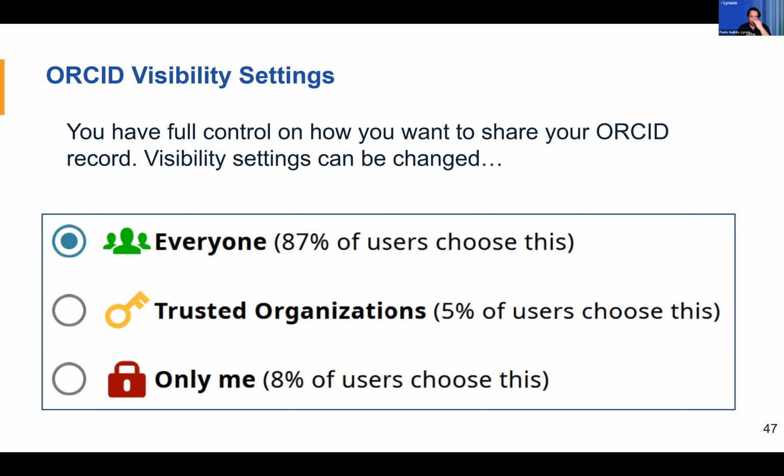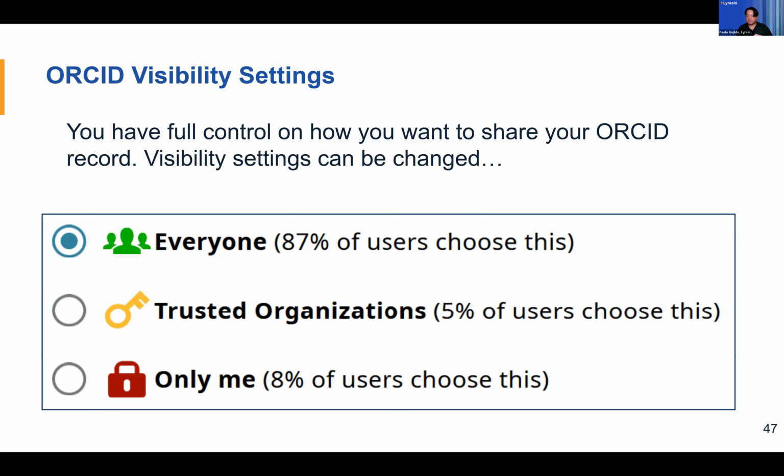So let's say I want to hide a particular publication. For example, I just want it available to my organization. You can change it to trusted organizations only. Or let's say I have employment information, but I only really want my employer to know that I have that.